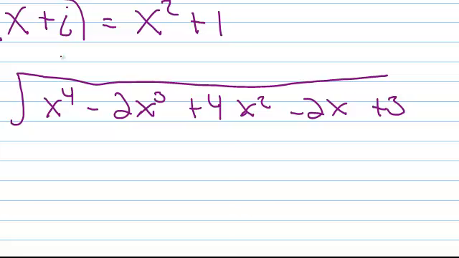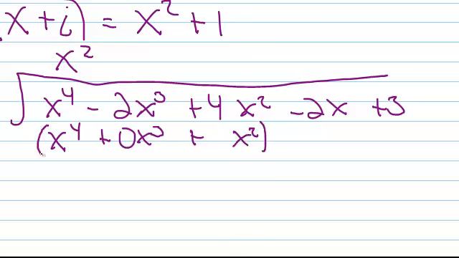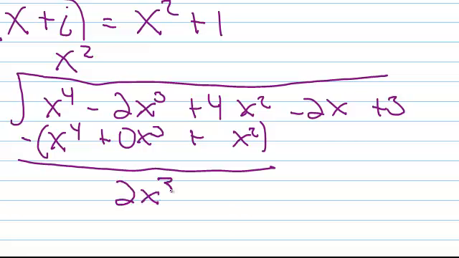Let's go ahead and do this division. x squared here, x squared times x squared is x to the fourth plus 0x cubed plus x squared. Subtract that. I have 2x to the third. 4 minus 1 is 3. Drop the second term. And we're ready to do this again.